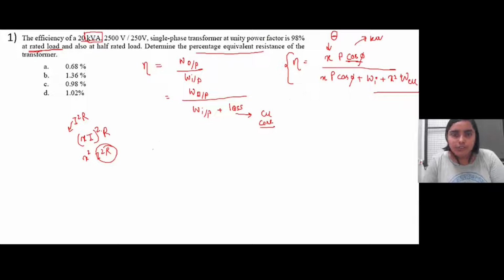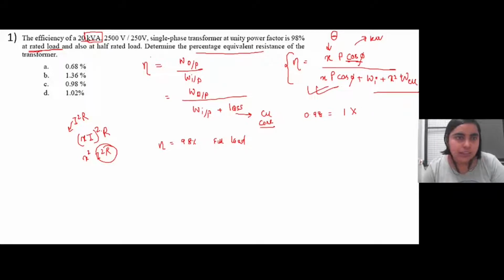So for the first case, when efficiency is equal to 98% and it is working at the rated load, that is full load, if we simply use this formula, it will be 0.98 is equal to x, here x is 1 since it is at full load, times P. What is the value of P? 20 kVA.